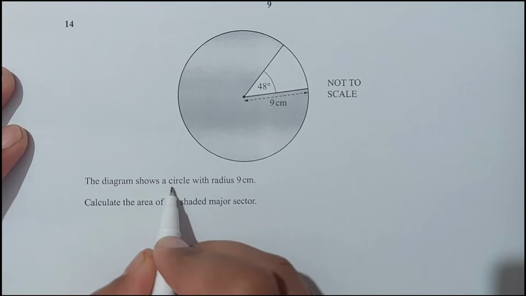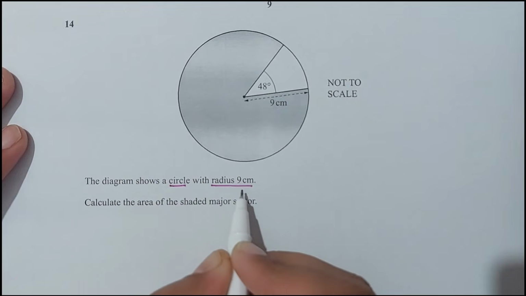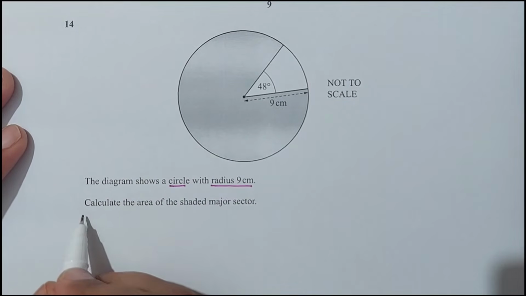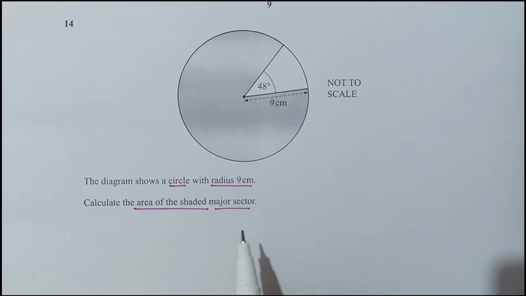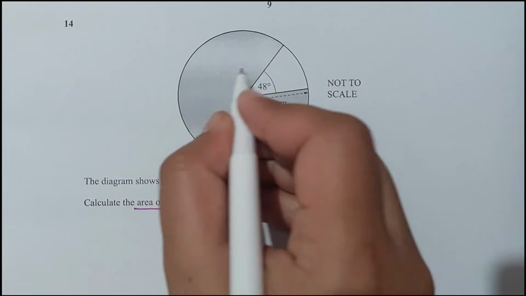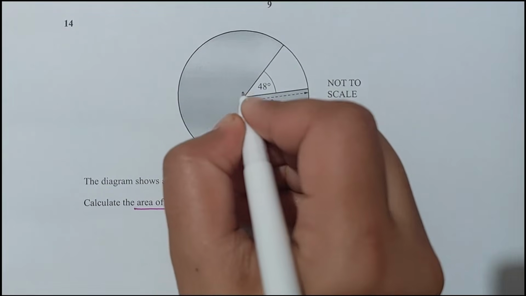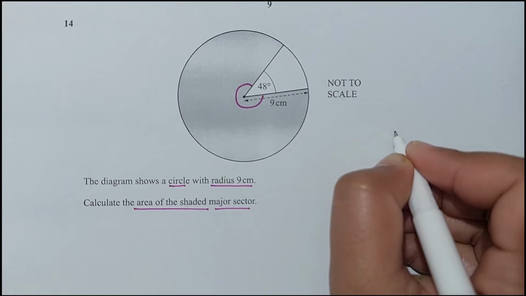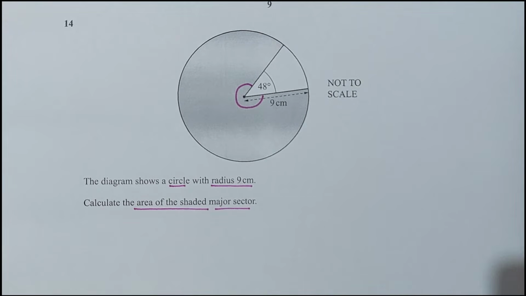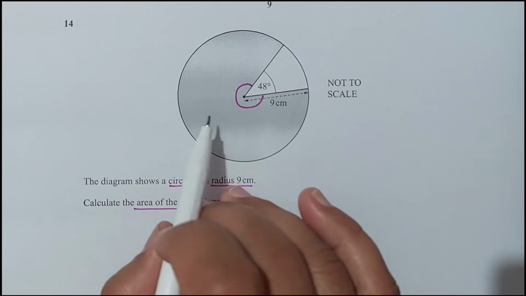Question number 14. The diagram shows a circle with a radius of 9 centimeters. Calculate the area of the shaded major sector. Okay, the whole circle is 360. So what is this sector? So basically the shaded one we have to find.